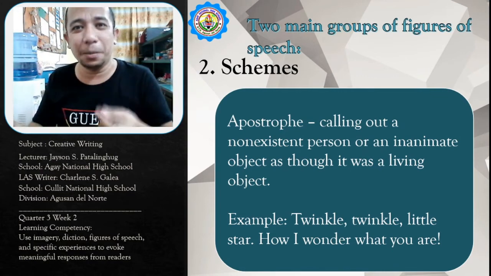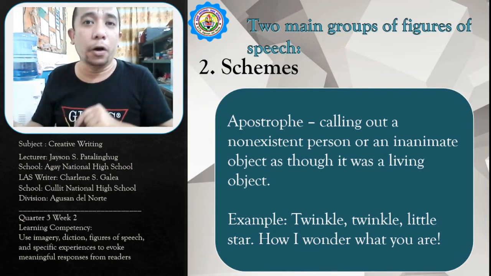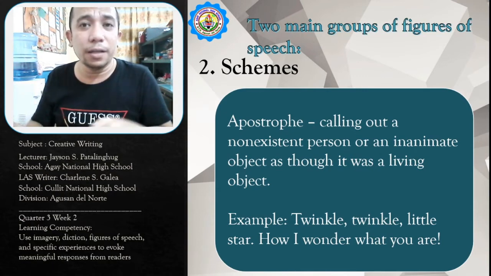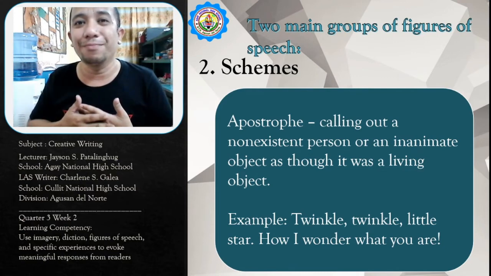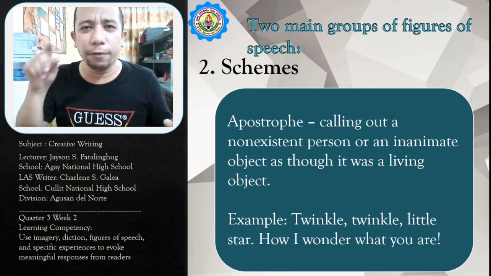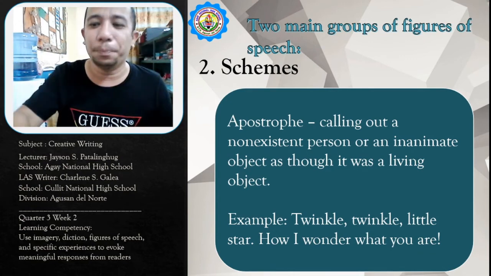So that's an example of apostrophe. Or you can also call it an apostrophe if you are talking to a non-living object as if it's a living person or a living object. That's apostrophe. Again, if you are confused, just feel free to ask questions in the comment section.